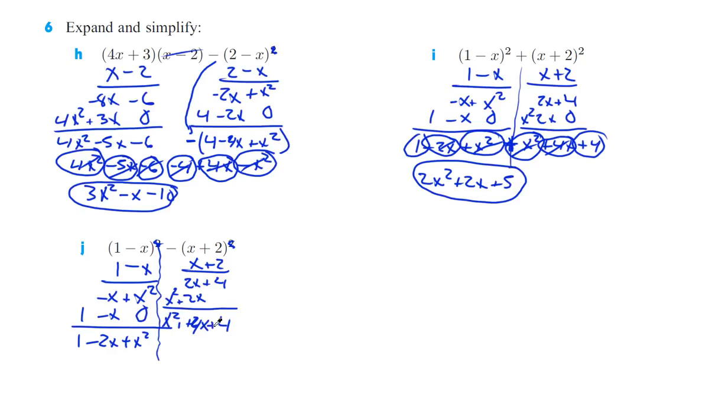Oops, put a couple too many pluses in there. Oh, I've got these on different lines, but that's okay. So that's x squared and x squared is 2x squared. Positive 4x and negative 2x is plus 2x. And then 4 plus 1 is 5.